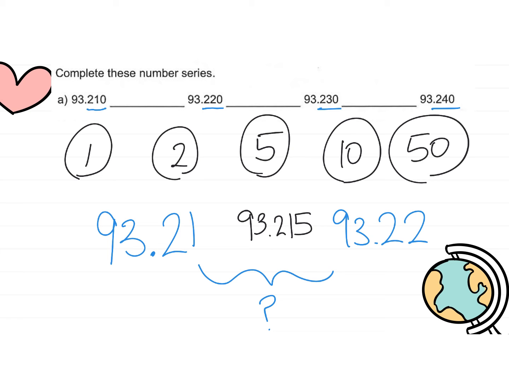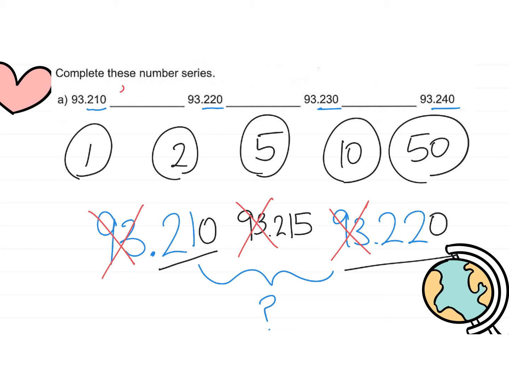It makes sense if you think about it. This one had a 0. So you can think of it in whole numbers. What's between 910 and 920? What's between 210 and 220? That would be 215. Sometimes you can take off the whole number and just compare them like that.